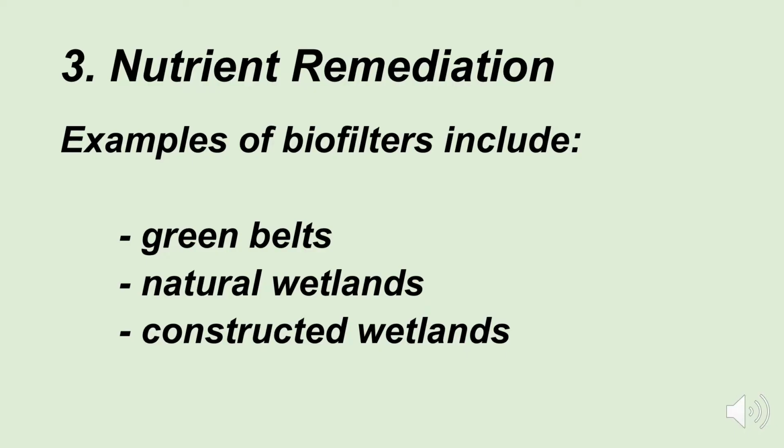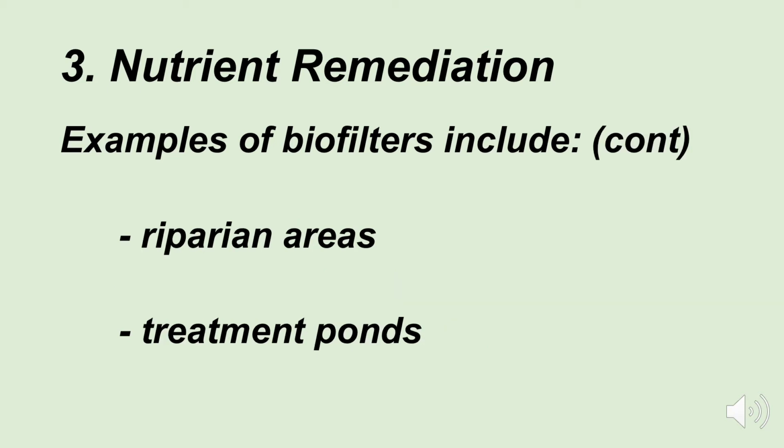Examples of biofilters include putting green belts around water bodies, creating natural wetlands where you have plants that suck up excess nitrogen and phosphorus, actually constructing wetlands to basically be biofilters. So examples of biofilters would include things like riparian areas or treatment ponds.